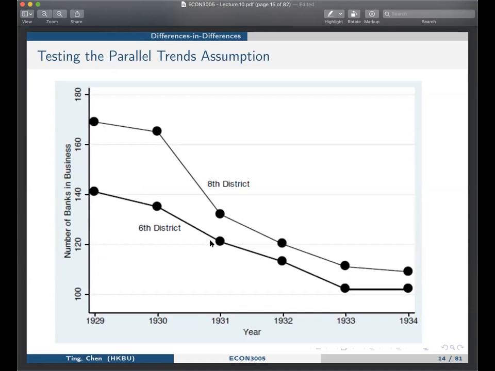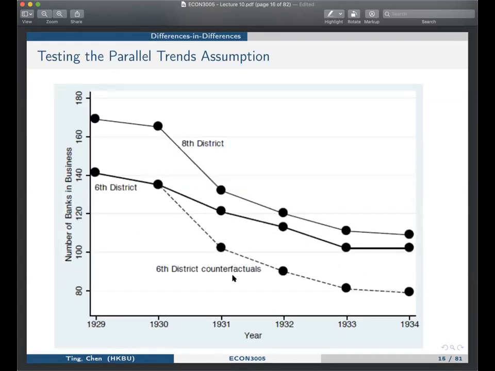We can also draw the counterfactual outcome based on this line, just draw the parallel line from this point onward, parallel to the line for the 8th district. And if we draw this parallel line, this one will reflect the counterfactual outcome of the 6th district, okay?